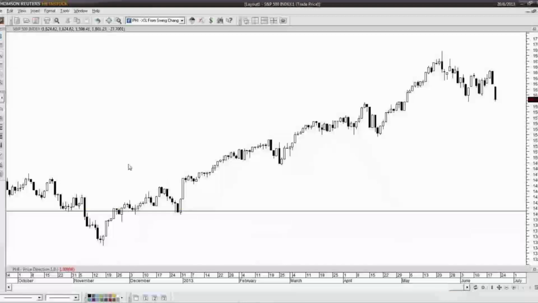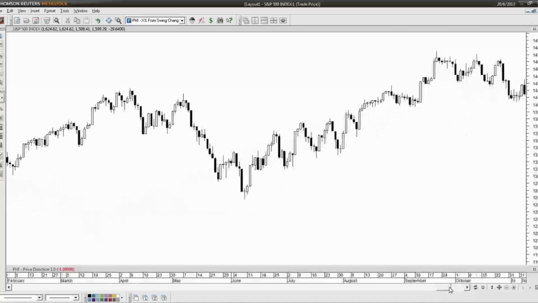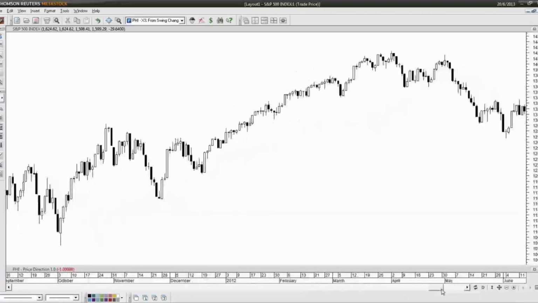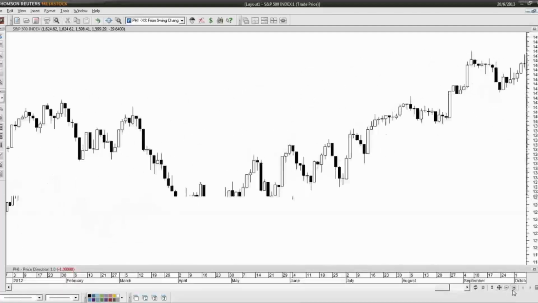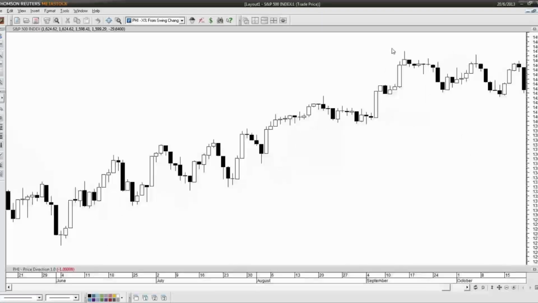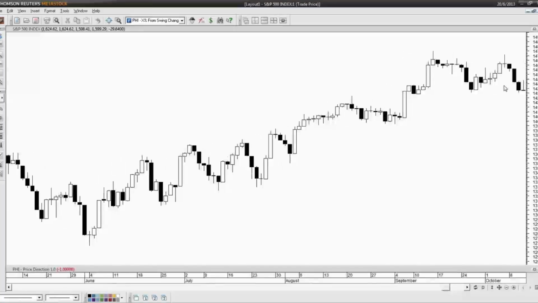So, if we come here, for example, and we go a bit further back in time, the market is going up, everyone is happy. What happens here? We fail to go higher, correct? So where would we enter?